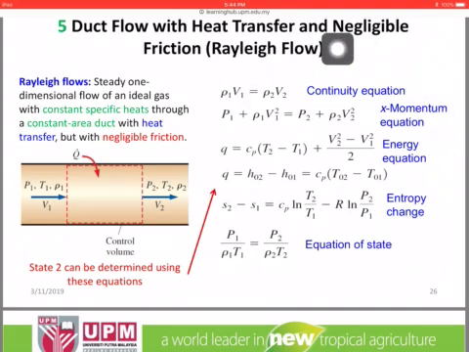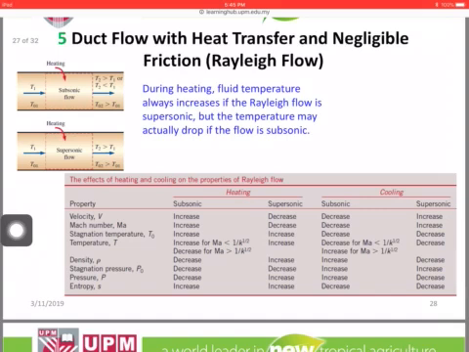These equations are for Rayleigh flow. So we use these formulas to get the state at location 2.